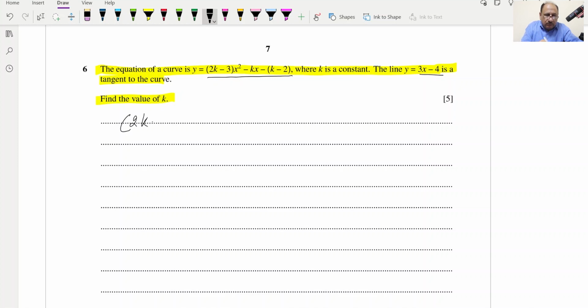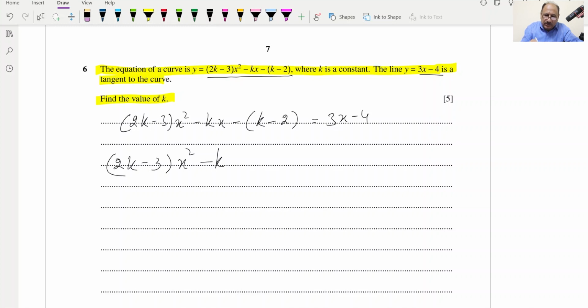So we can equate these two equations. This one is equal to this. So (2k minus 3)x squared minus kx minus k minus 2 is equal to 3x minus 4, and we can open the brackets and simplify.